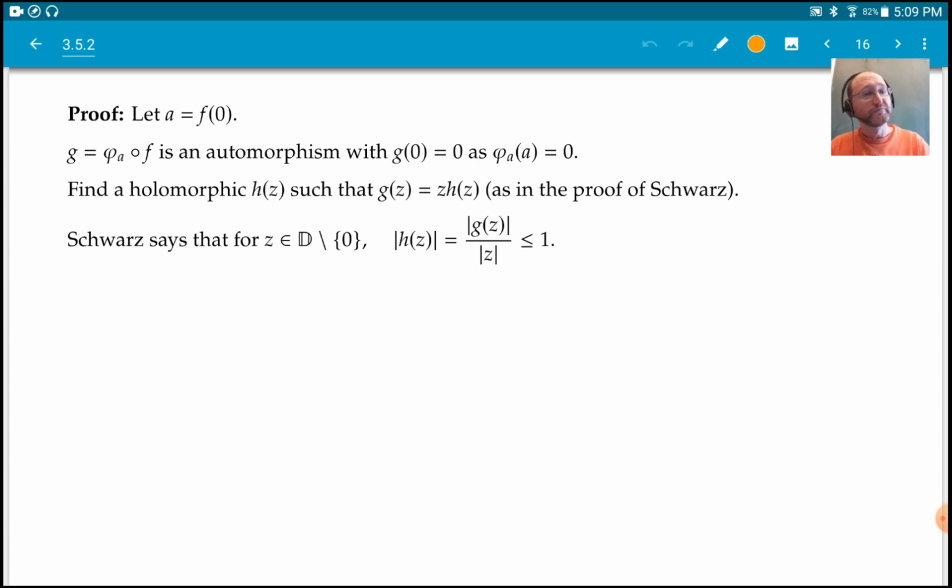All right. Well, now applying Schwarz to this.